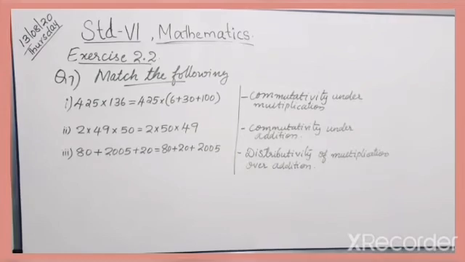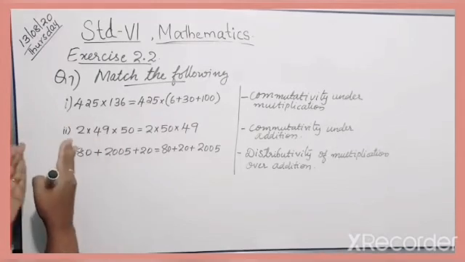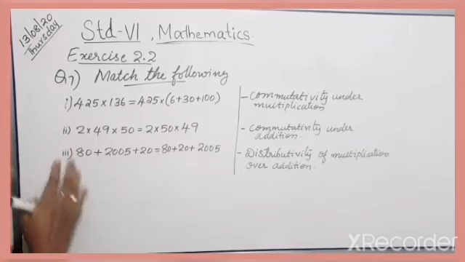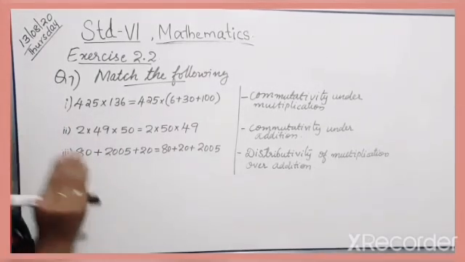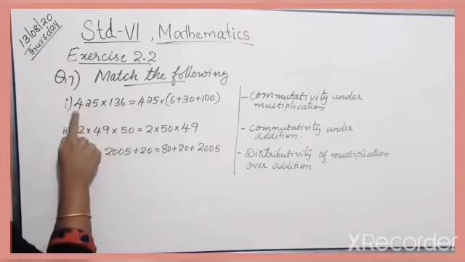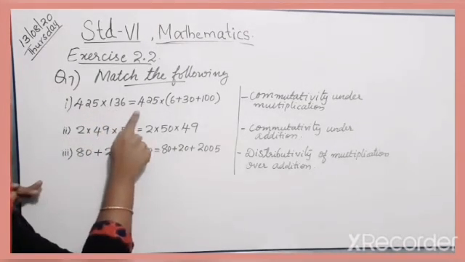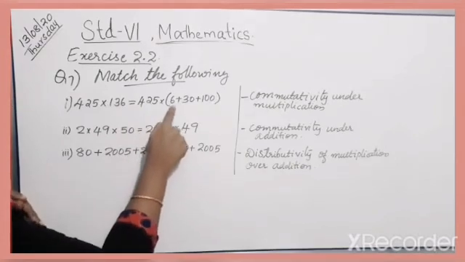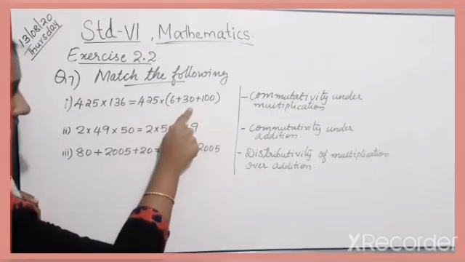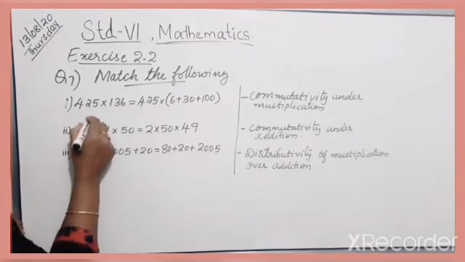Now the next is question number 7. It is a very easy question. Match the following. Look at the left side carefully and identify which property is shown here. Look, it has 425 into 136 is equal to 425 into 6 plus 30 plus 100. Do you remember? What is this?